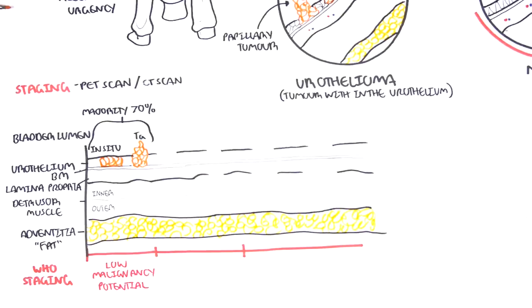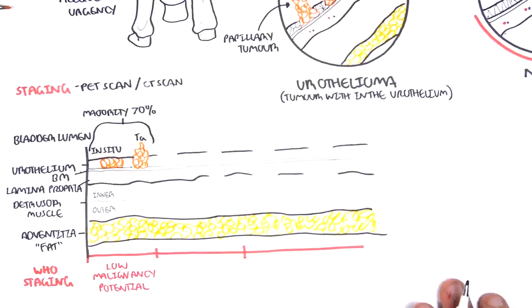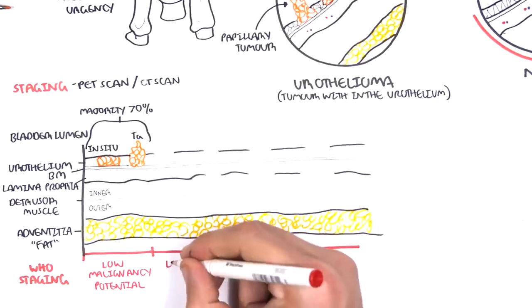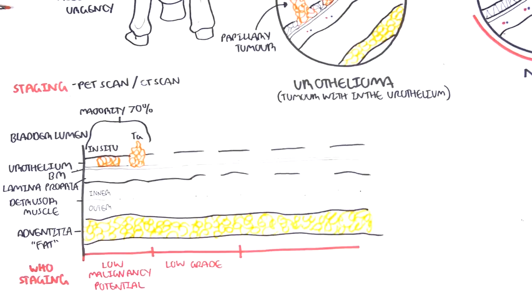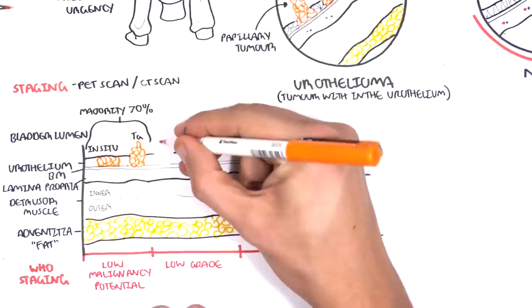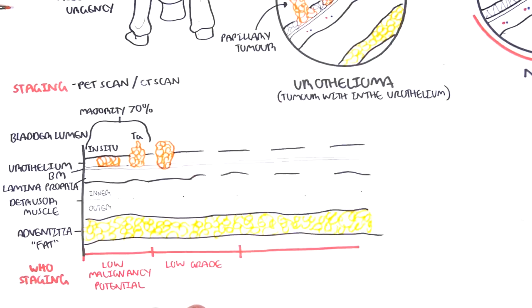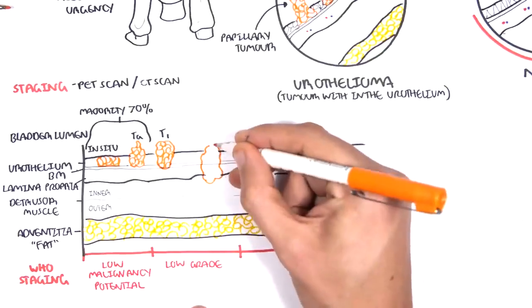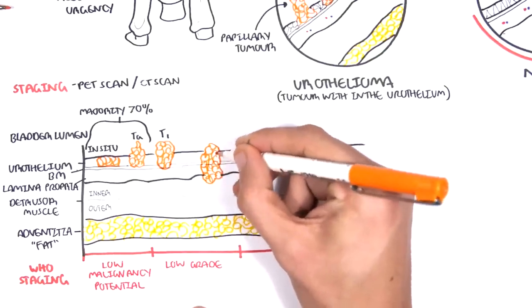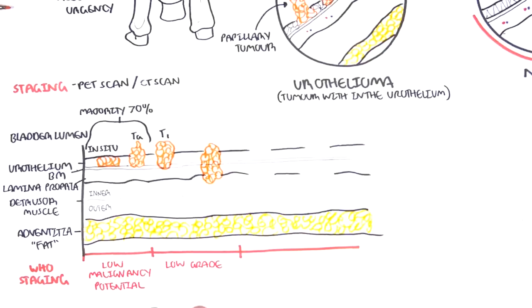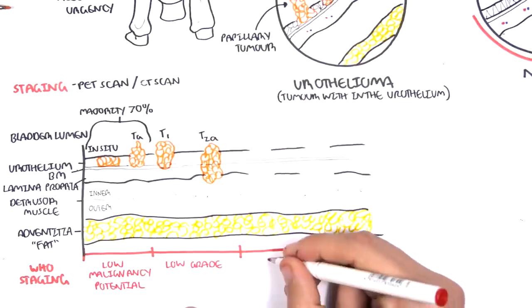After low malignancy potential, the World Health Organization has the low grade stage, which is where the bladder tumor has grown to the deeper layers, and this is T1. T1 involves the growth reaching the basement membrane and the lamina propria. There is T2A, where the tumor goes past the lamina propria and invades the superficial muscle layer.